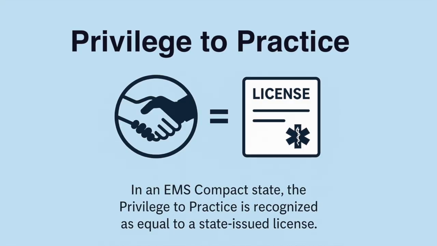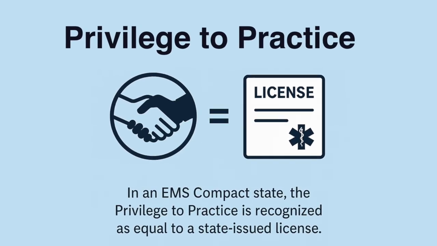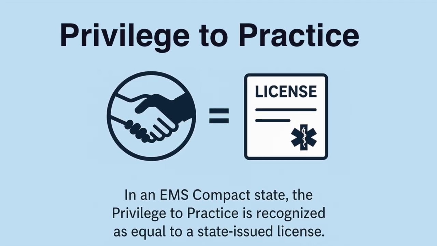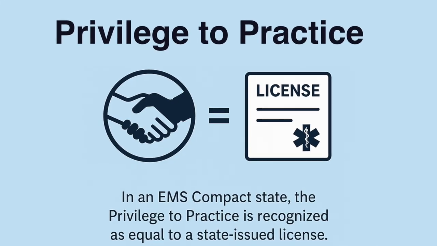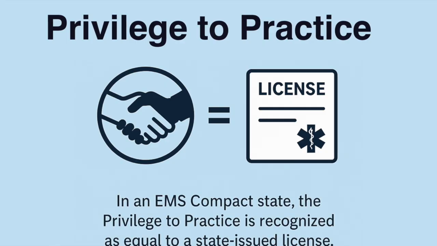So the EMS Compact provides this concept of a privilege to practice. And the privilege to practice is essentially where that remote state recognizes your home state license and gives you a privilege to use that license in their state. And for most parts of state law, that privilege is equal to a state-issued license.